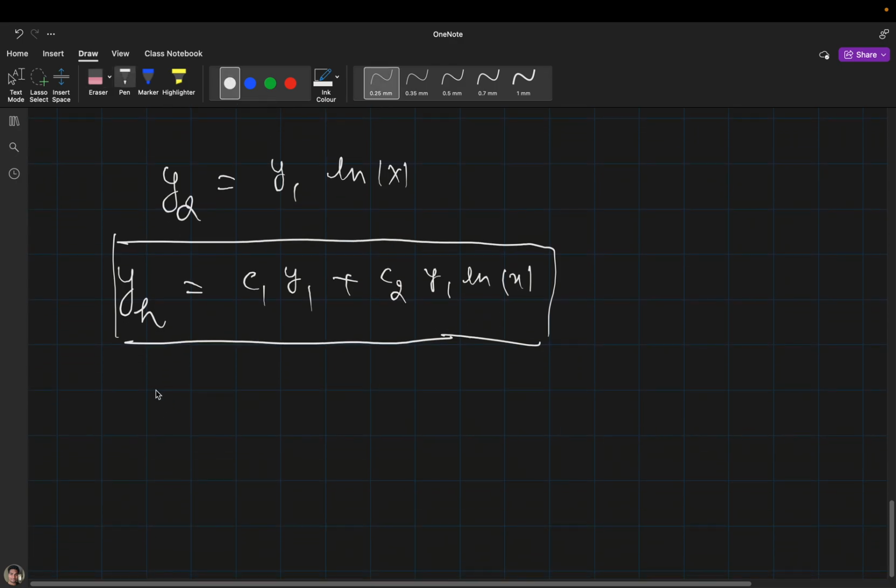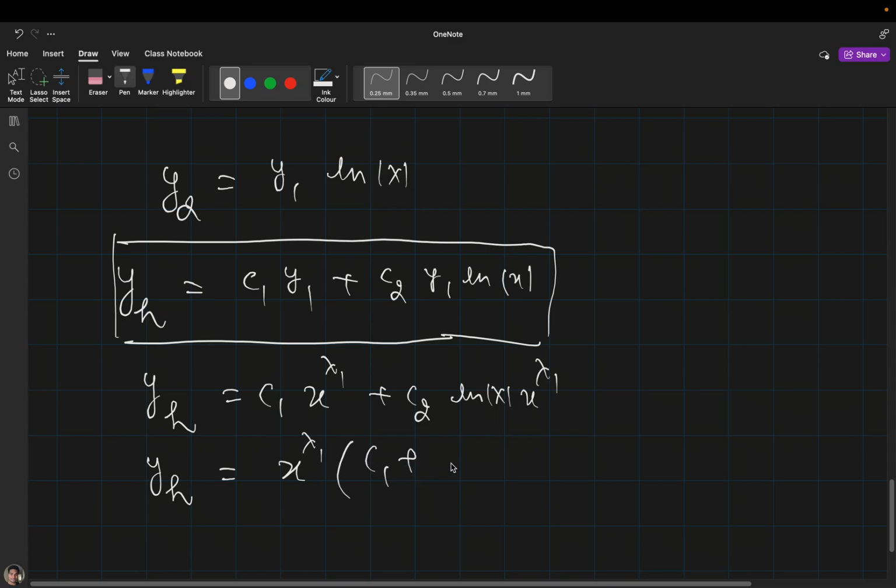If you want to simplify it, you can also write c1 x raised to the power lambda 1 plus c2 ln x x raised to the power lambda 1, or in the simplified form you can also write x raised to the power lambda 1 times c1 plus c2 ln x.